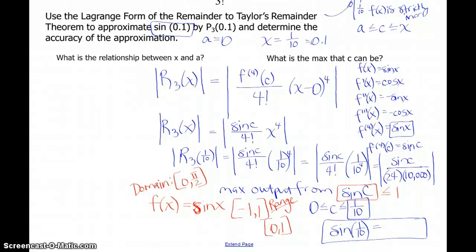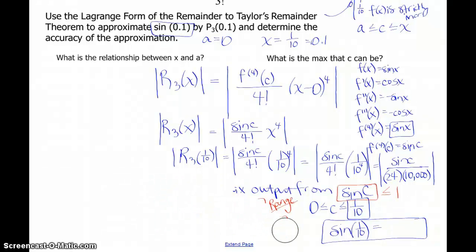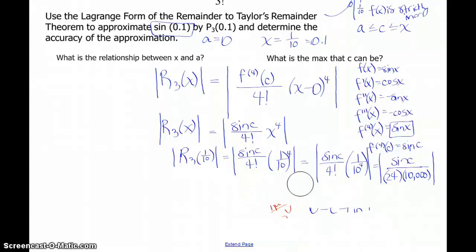So, because I really don't have any choice, since I can't find the sine of 1/10, I'm just going to replace the sine of c with 1. The max error, because the max output of the sine function, is, so I'm replacing the sine of c with the maximum it could be based on my knowledge of functions, and these trig functions, is 1.